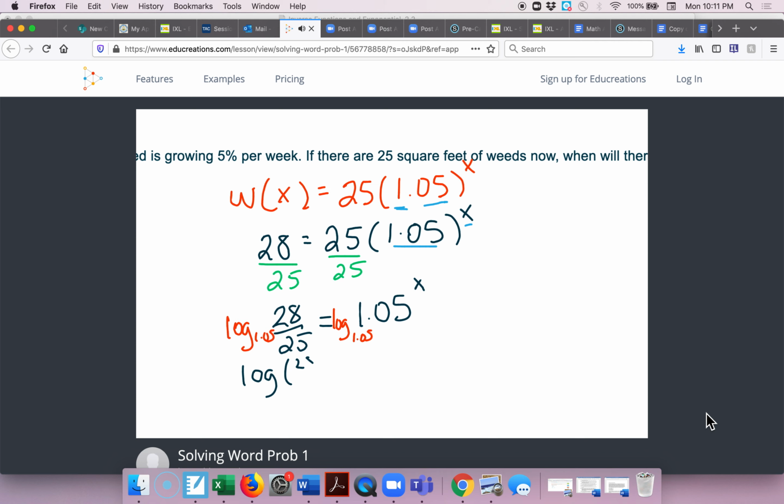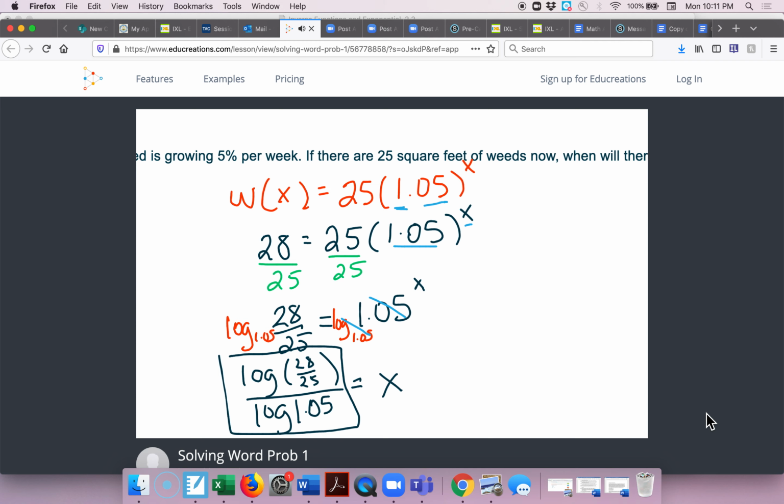So we get log of 28/25 on the top divided by the log of 1.05, using the change of base rule here, guys. And then on the right side, the log base 1.05 and the base of 1.05 are inverses, so we just get that's equal to x. Okay, so that's our answer.